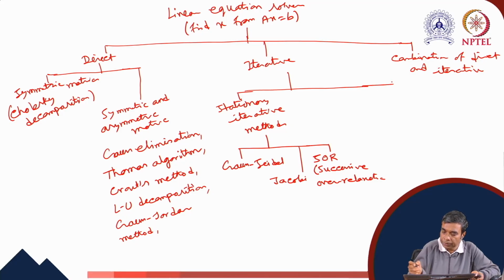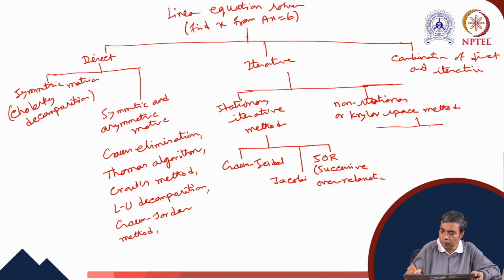In the iterative method, the second portion is non-stationary or Krylov space methods. Under this group, we classify these methods as for symmetric matrices, and the other one for asymmetric matrices.